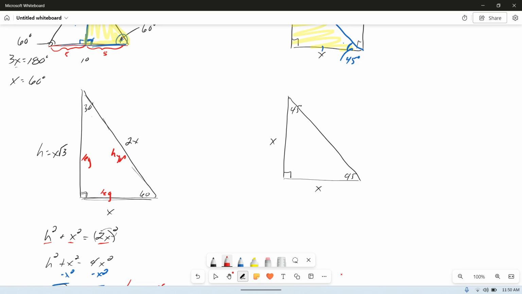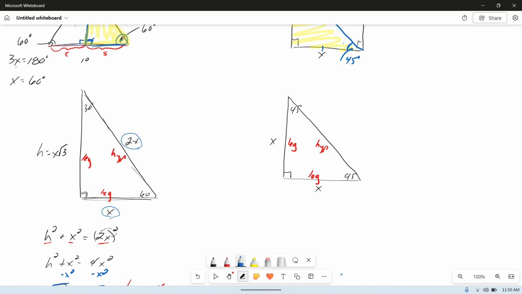Again, remember that in a right triangle, leg squared plus leg squared equals hypotenuse squared. The reason I like to do this is to reflect back to the 30, 60, 90, because it came from the equilateral, we knew the hypotenuse was 2x and the short leg was x.